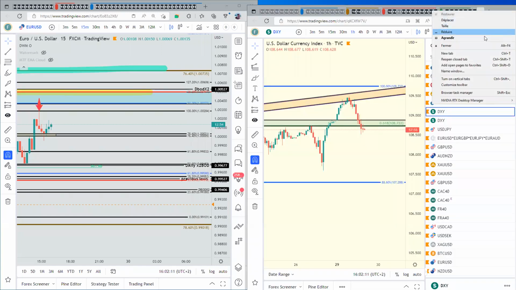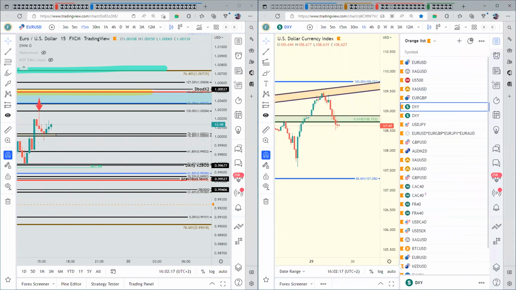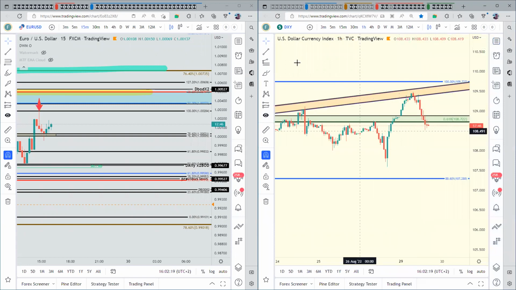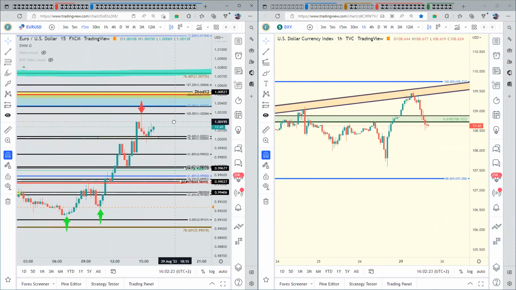Like this, we have everything in the same place, and I don't need to change anything during the discussion. So you see, we have Dixie here, we have Euro USD there. Can you just let me know in the chat, send me a yes, please, to confirm that you can see both Dixie and Euro USD?